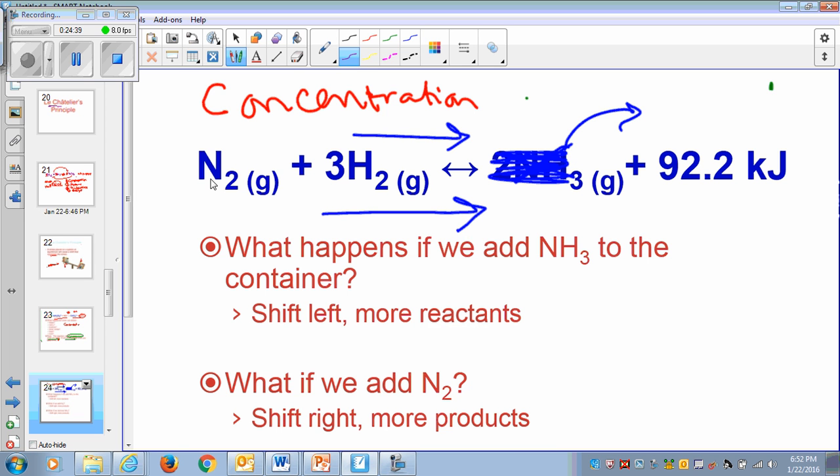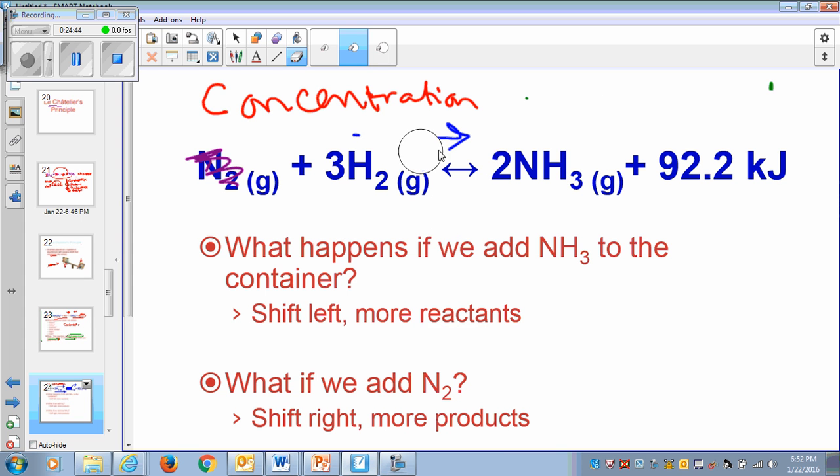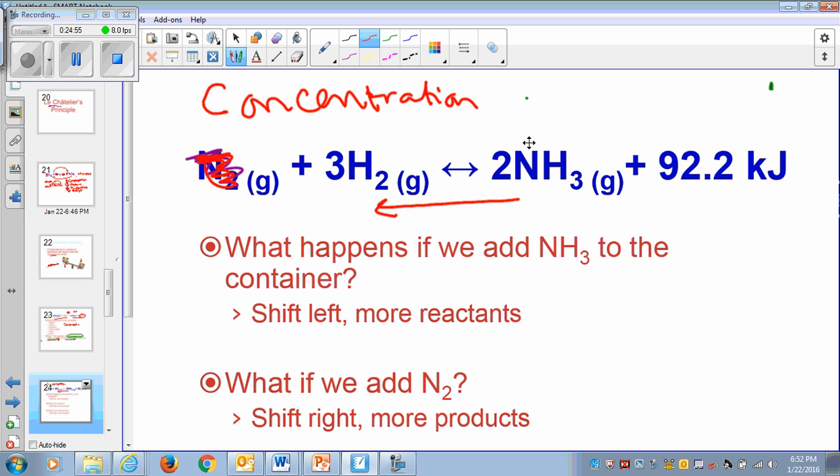Okay, on the other hand, if I take away nitrogen, ammonia is producing nitrogen and hydrogen, but as soon as I take away nitrogen, the hydrogen cannot combine with anything to produce ammonia. So the reaction cannot go favor this way. So the reaction will only go to the left. So again, the point is that if you add something, it will shift away from it. If I take away something, it will shift towards it.